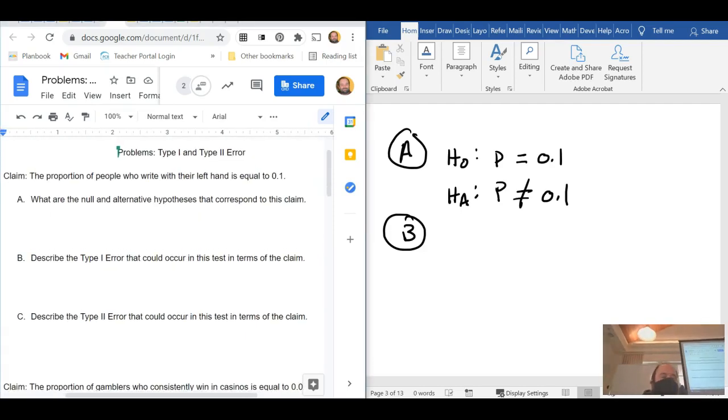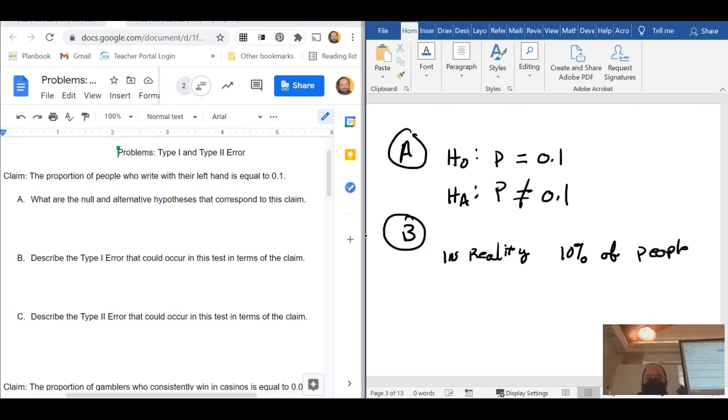Now the question is, describe the type 1 error that could result in this test in terms of the claim. In order to have a type 1 error, you have to have the null hypothesis be true. So in reality, 10% of people write with their left hand.